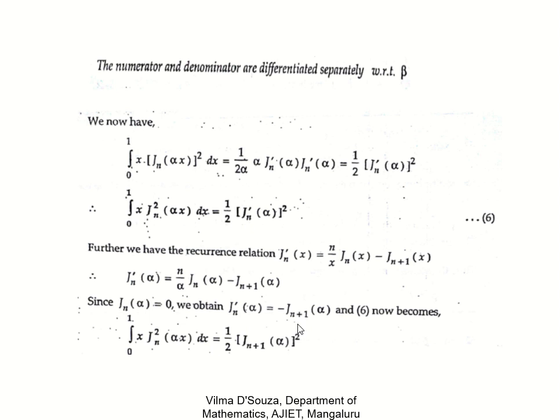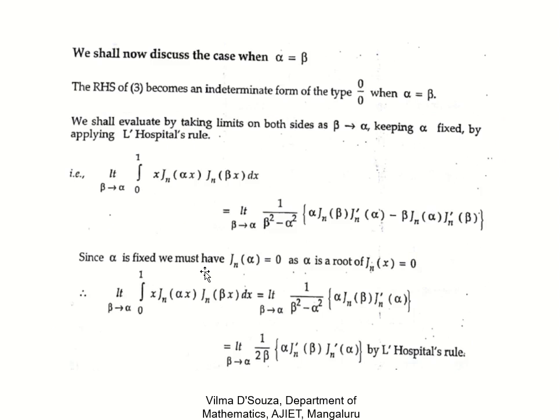So when you square it, it becomes plus half into Jn plus 1 of alpha whole square. Or when alpha equal to beta, integral 0 to 1 x into Jn square of alpha x dx is equal to half into Jn plus 1 of alpha whole square. So this is the orthogonality property of Bessel functions.